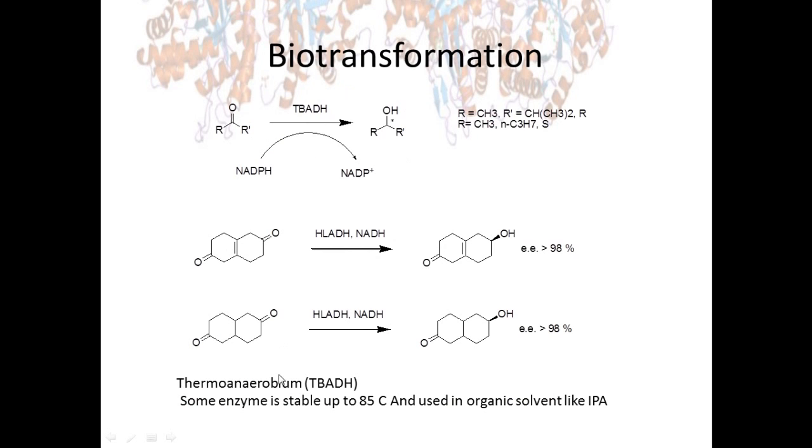So this is an example: TBADH, Thermoanaerobium alcohol dehydrogenase. Now see, there is a symmetrical molecule, but after the reduction it touches only one side, giving OH only here. This enzyme is very stable, usable at some 85 degrees centigrade, and isopropanol alcohol can be used as solvent in the enzyme transformation.